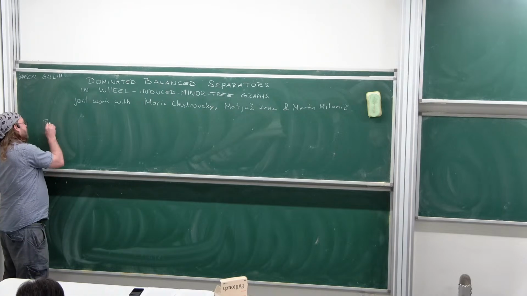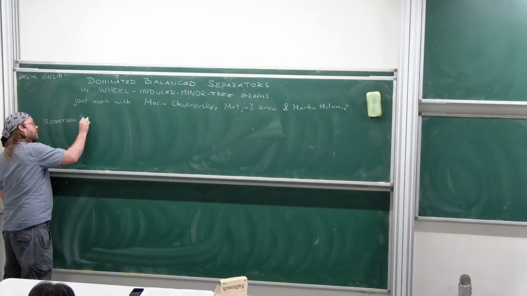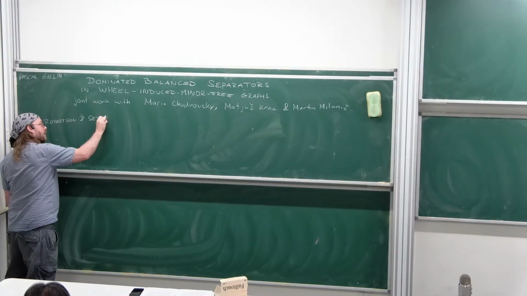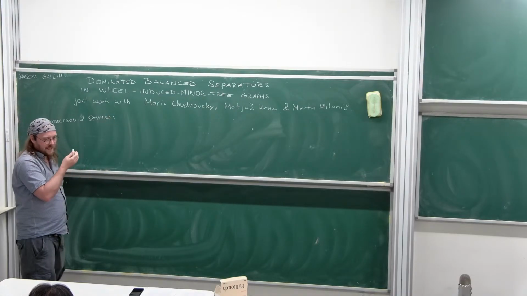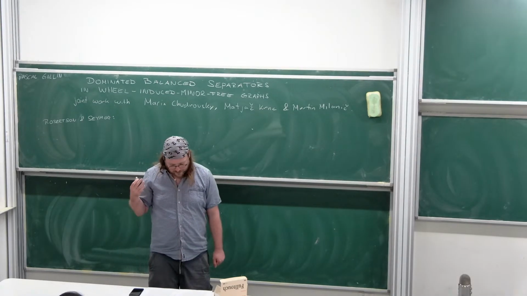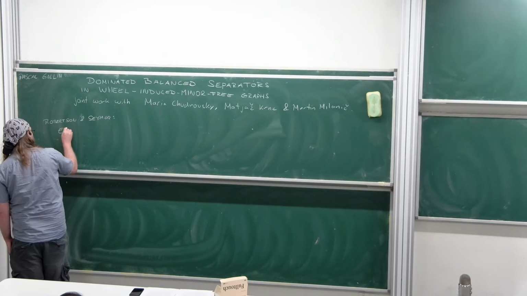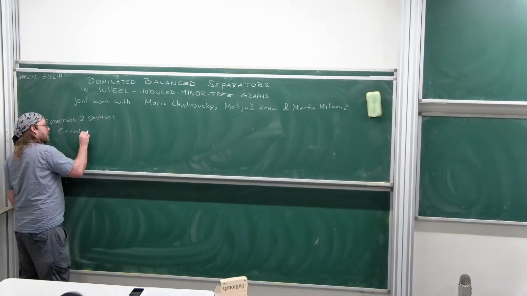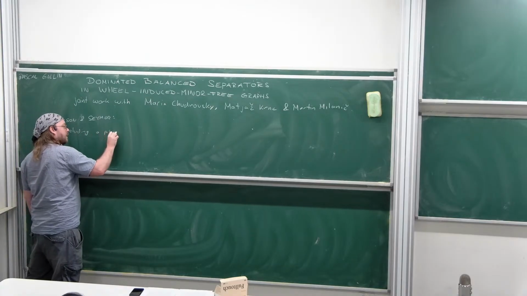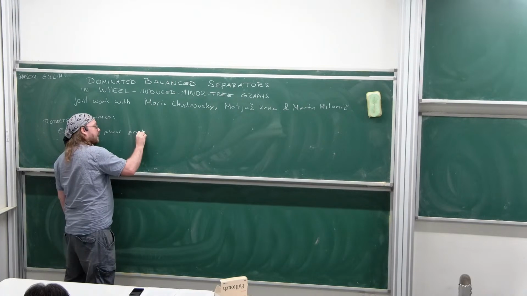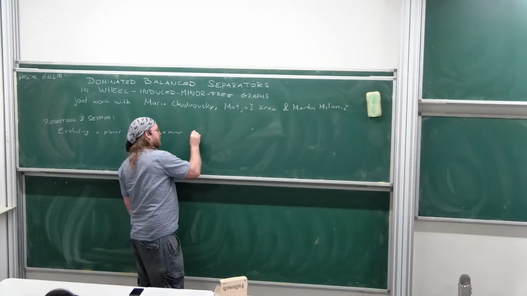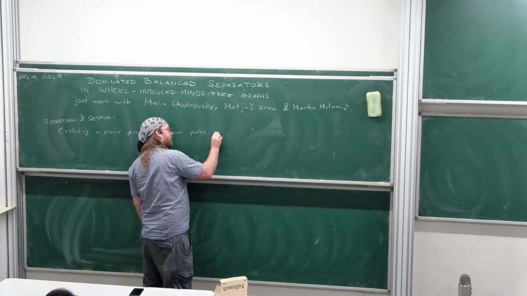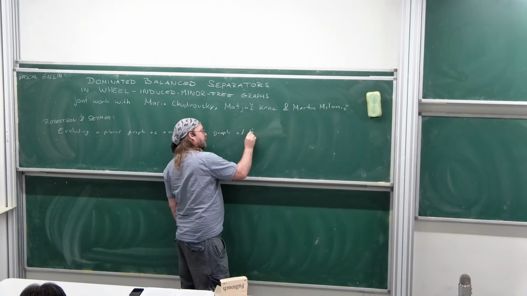Robertson and Seymour proved that excluding a planar graph as a minor yields graphs of bounded tree width.